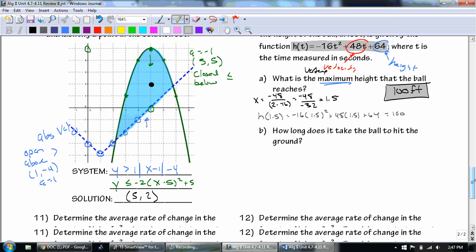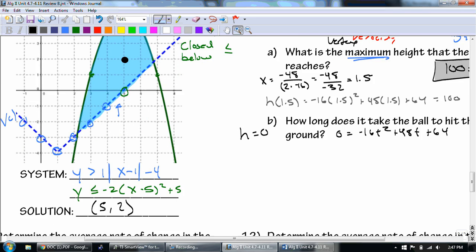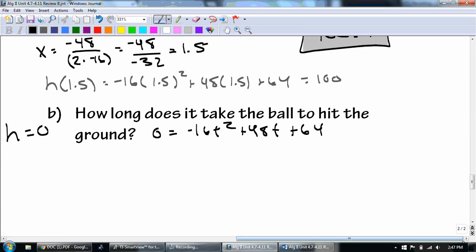Now, B, how long does it take for the ball to hit the ground? Well, if it hits the ground, that means my height is 0. So we have 0 equals negative 16t squared plus 48t plus 64. We're going to zoom in on this so my handwriting looks good as I'm doing this.